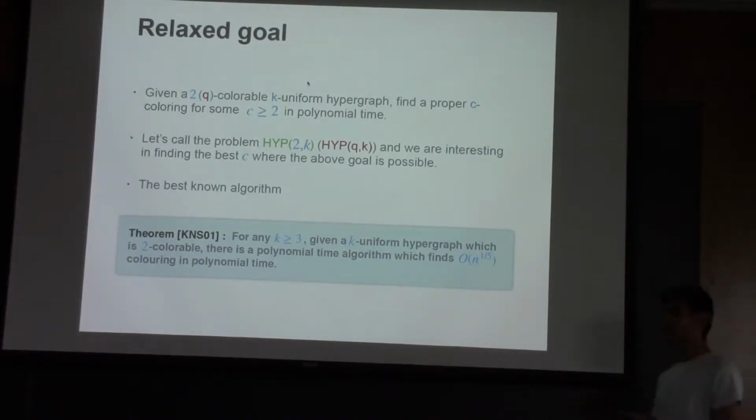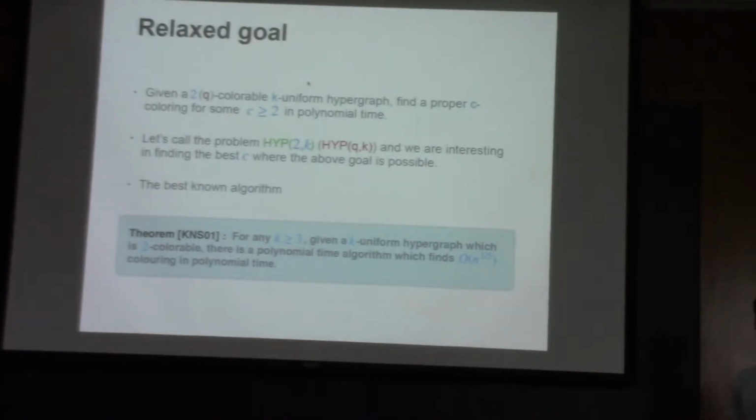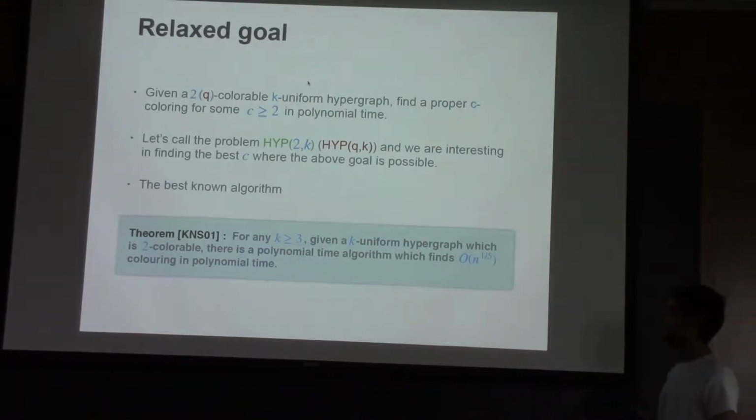So of course finding a coloring with n colors is trivial. We just assign separate colors to each vertex, and this theorem says that you can do somewhat better than that. And we are interested in proving the opposite kind of result, which says that you cannot do something in polynomial time unless something happens.